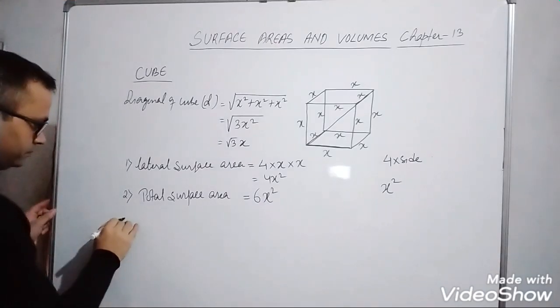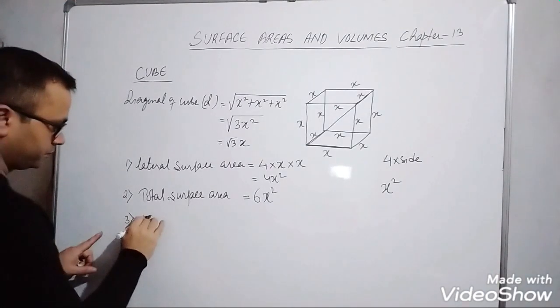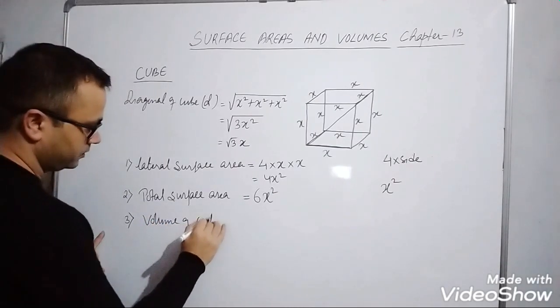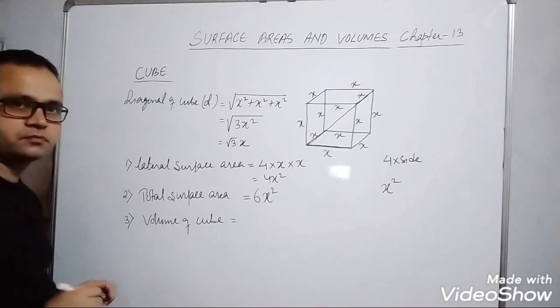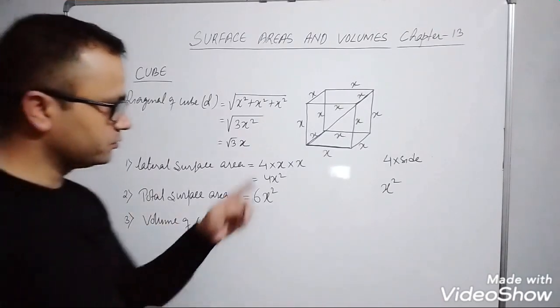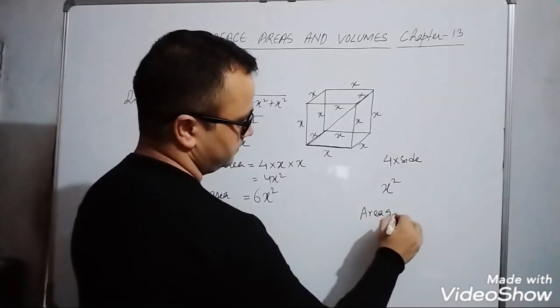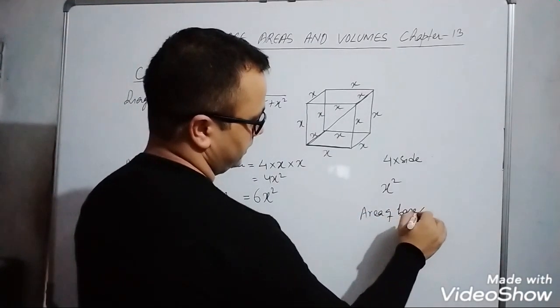Now move to number 3, the volume of a cube. What is the volume? Volume is area of base into height.